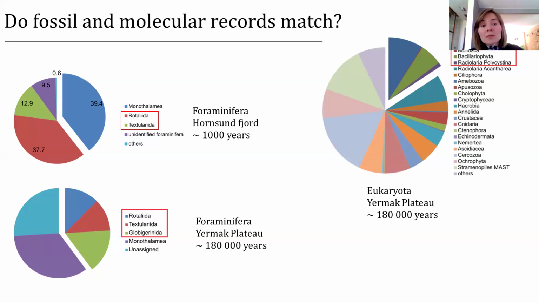In these red frames, you can see the fossilized taxa, the ones that we can study morphologically. As you can see, this non-fossilized fraction can make up from half or more than half to 70% of the whole community. So studying ancient DNA can give us an extraordinary view on the past biodiversity composition, including very small non-fossilized species.